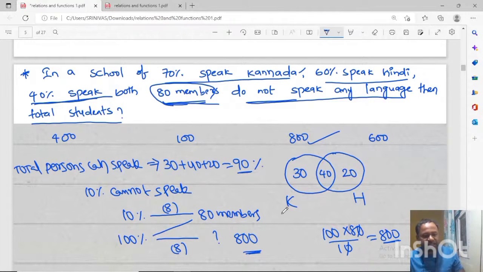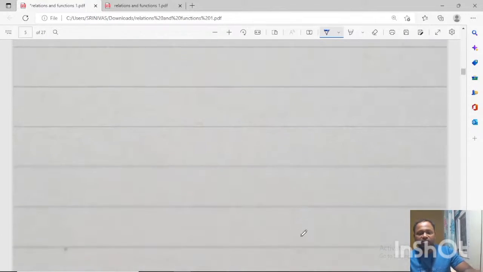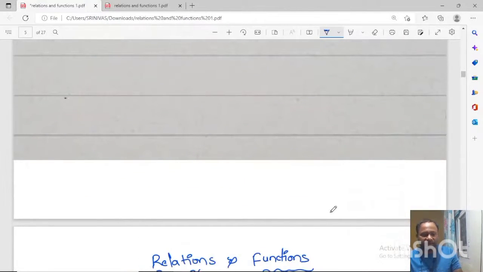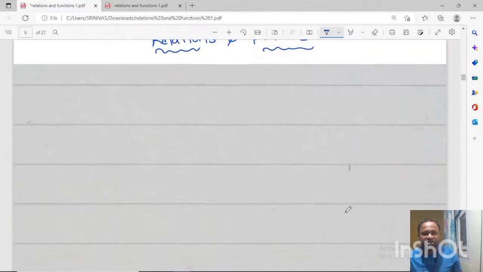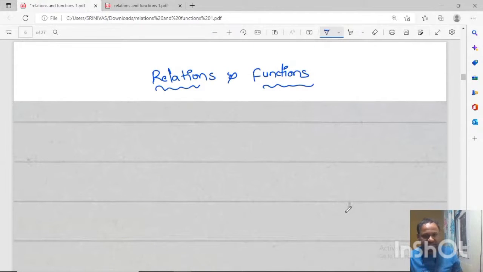And next I will move on to a new topic, that is relations and functions. Relations and functions is a very important topic. From this also, many questions come in all types of competitive exams. So see the problem.